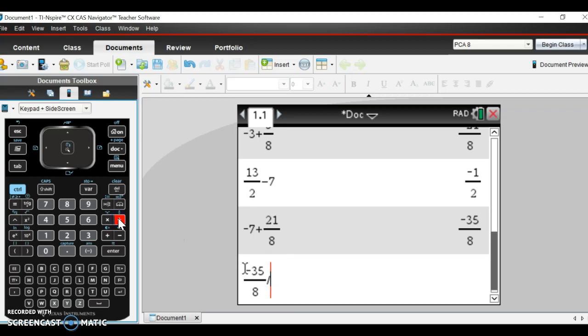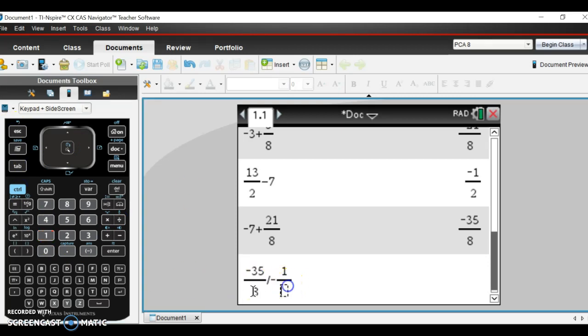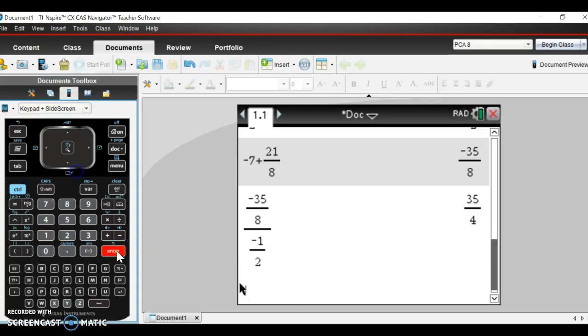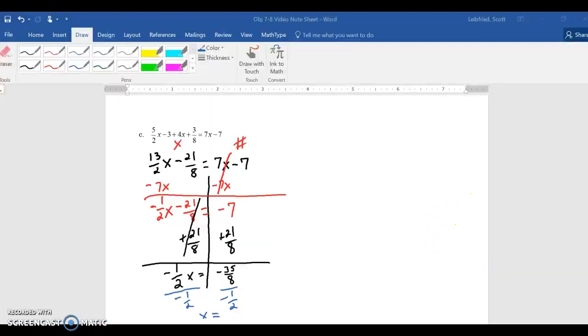Hit the division, because that's what we're doing. We're dividing, and then negative 1/2 is what we're dividing. And it gives the answer in an improper fraction, but it does the work for us. 35/4 is the answer. So x equals 35/4. And we're done. Good job, and good luck.